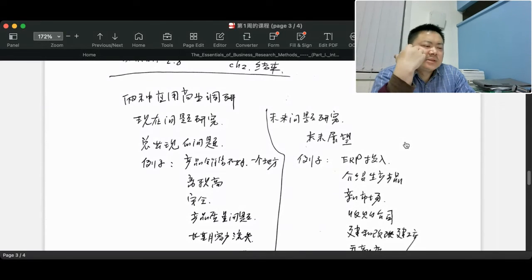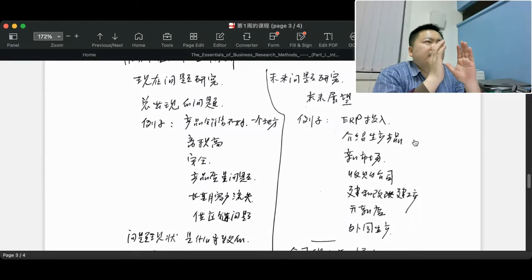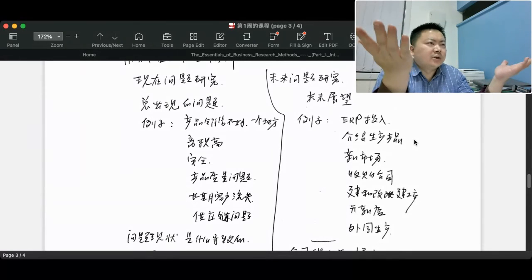Okay, so another research direction is about the future. The teacher gave some examples, like doing research to recommend a company invest in a software, or an app, or an online system, or ERP or CRM system, so that it can help the company to grow, or to sell on Amazon, sell on a new marketplace, right?